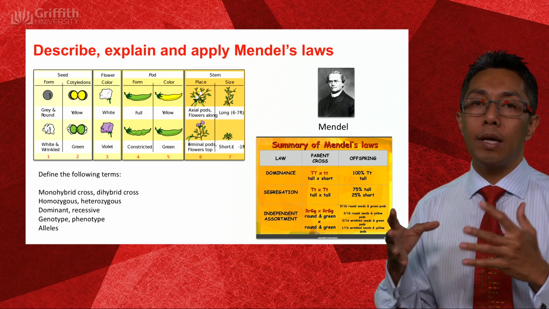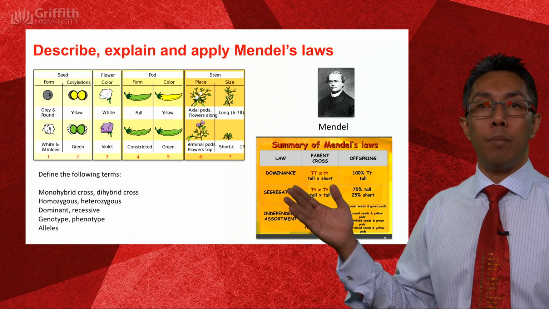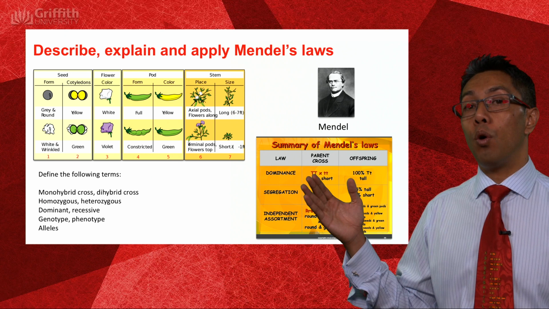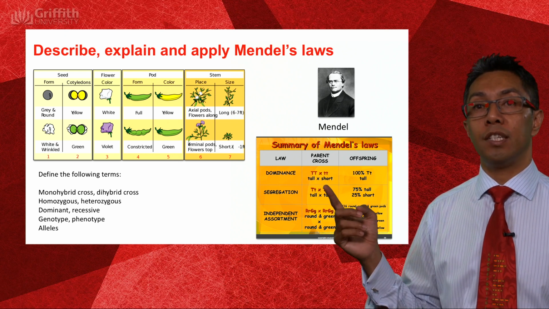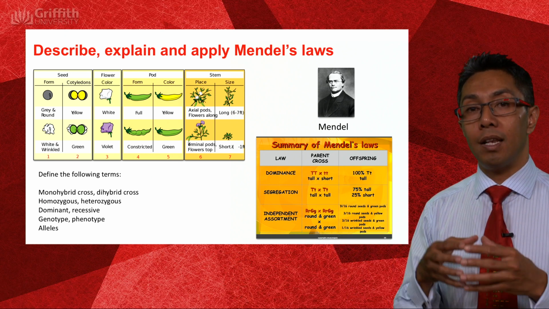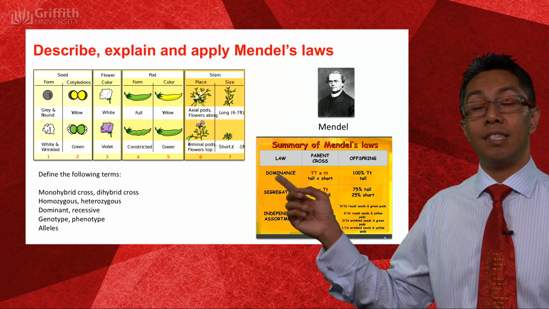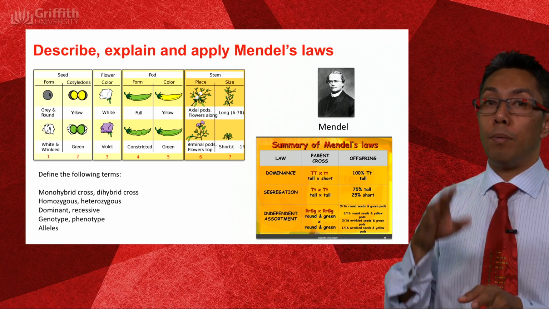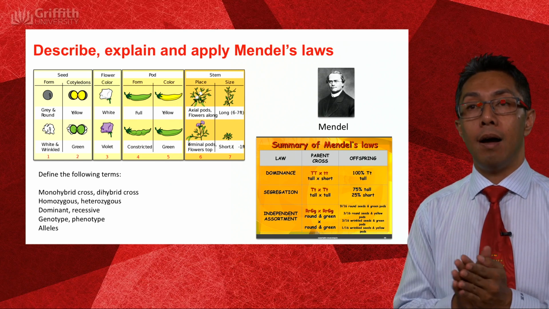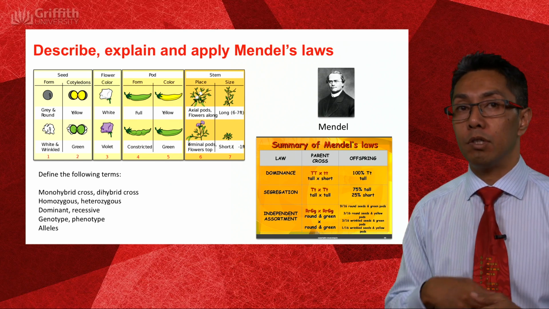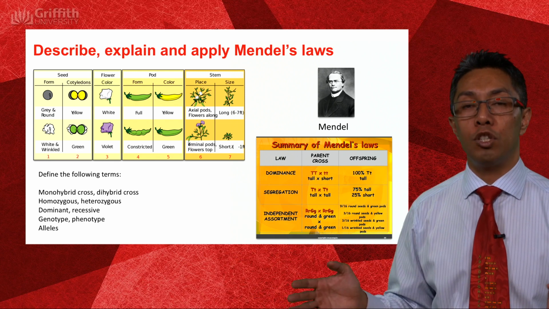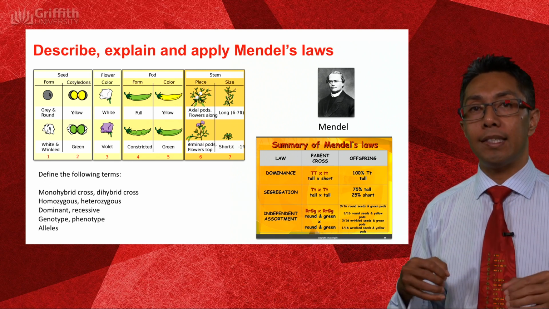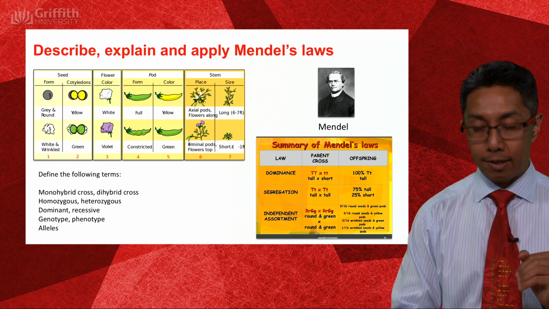Now, not all characteristics are dominant recessive. Not all characteristics are due to a single gene. Mendel was just lucky that he chose to study peas, and peas have a lot of these dominant recessive genes. In more complex organisms, the genetics is much, much more complicated than this.